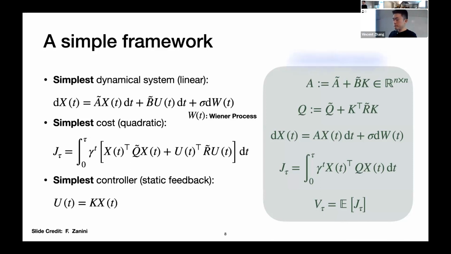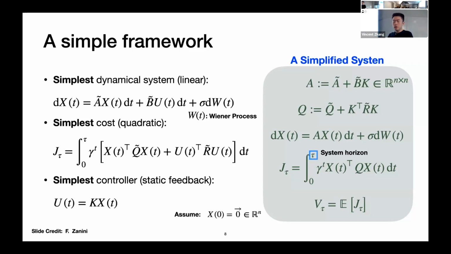Okay, so for the rest of the talk, sorry for the typo, we're just going to be focusing on this simplified system. And there is this quantity here, tau, which is the system horizon. That's the cost that you want to estimate. We're going to introduce another horizon T later on. But for now, that's all you need to know.